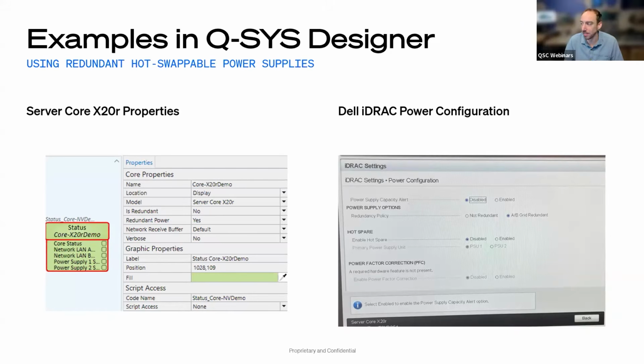You have to set default power modes and turn on the AB grid redundancy, otherwise it will power share between the two. You can set up load sharing between the two power supplies, or you can set up grid redundancy where A is the primary power supply, and if that fails over, you fall back to B. Enable hot spare on the primary failure so that when that power supply goes down, it slides over to the backup power supply inline.